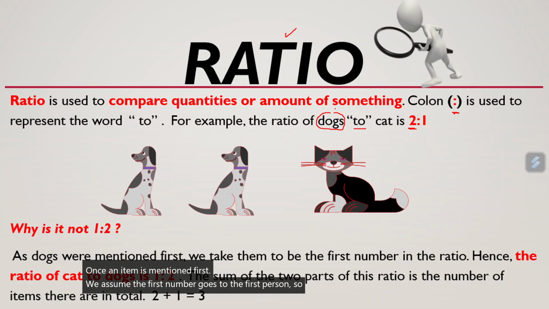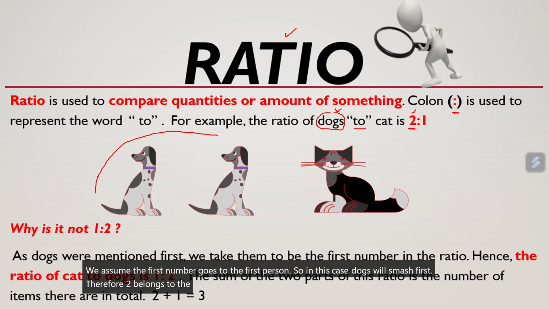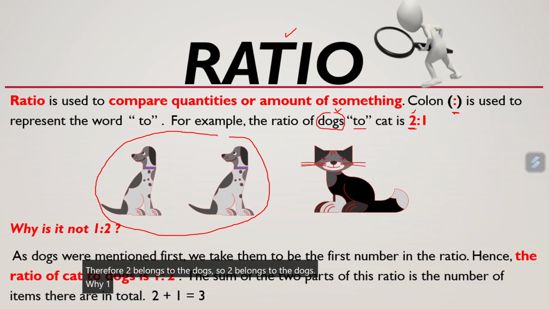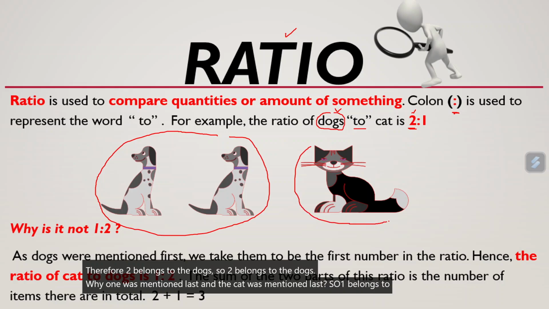In this case, dogs was mentioned first, therefore 2 belongs to the dogs. While the cat was mentioned last, so 1 belongs to the cat.